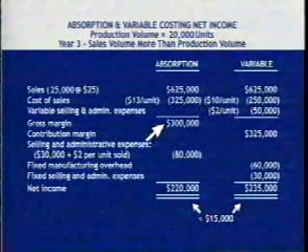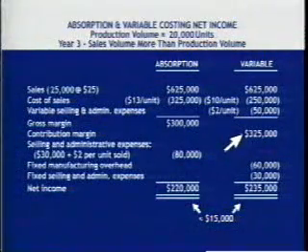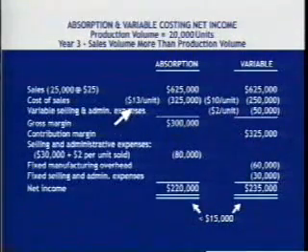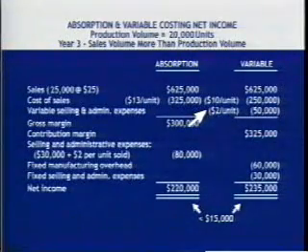Absorption gross margin is $25,000 less than variable contribution margin because cost of sales including fixed manufacturing overhead are $13 per unit, whereas variable cost of sales, both manufacturing and selling expense, is $12 per unit. This is a $1 difference. Multiplied by 25,000 units sold, the $25,000 margin difference is confirmed.